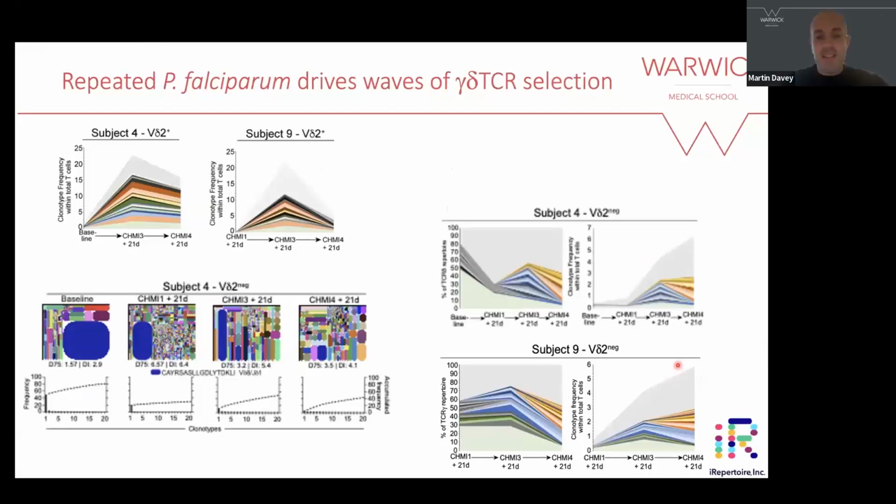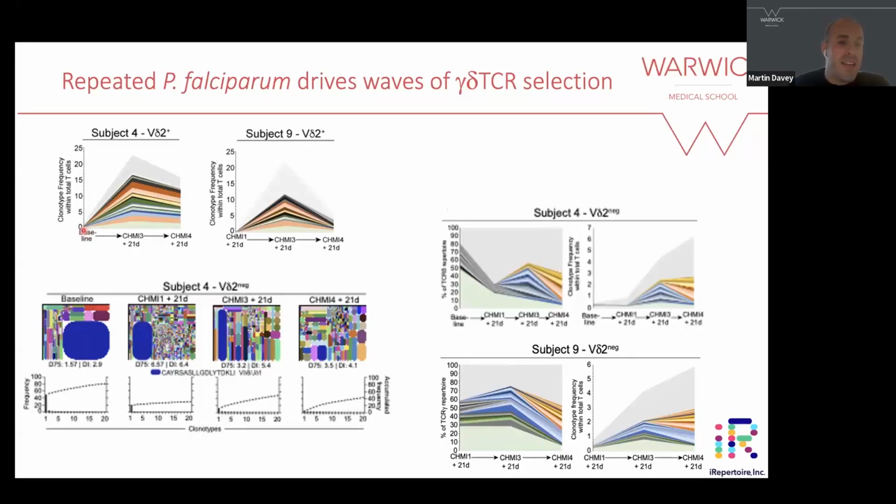And so coming back to the repertoires, we sort of set up a really nice idea that these cells are changing. They were changing in response to this controlled human infection, which is an incredibly powerful model. So then we looked at the repertoires of V delta 2 cells, and we skimmed off the top 20 clones because we knew that the clones are highly shared.